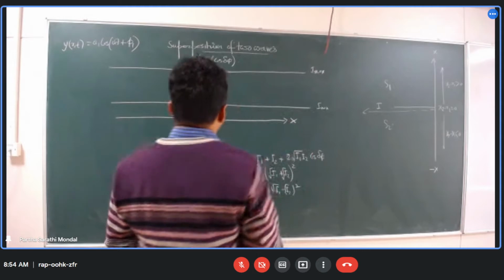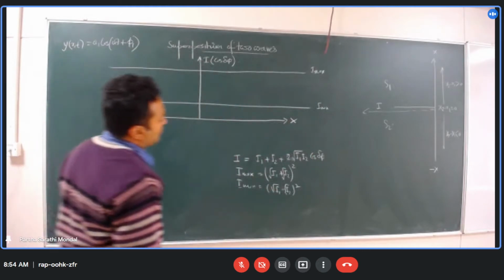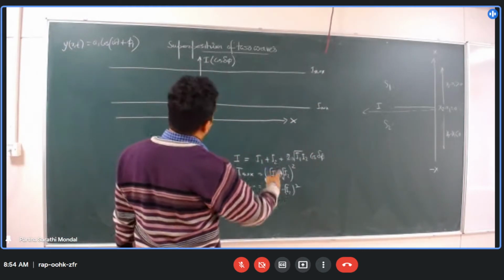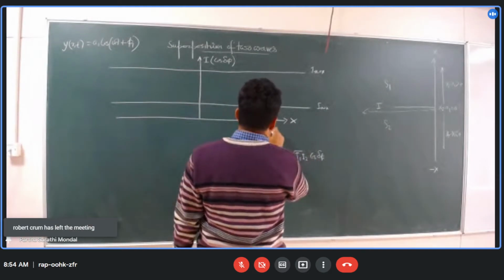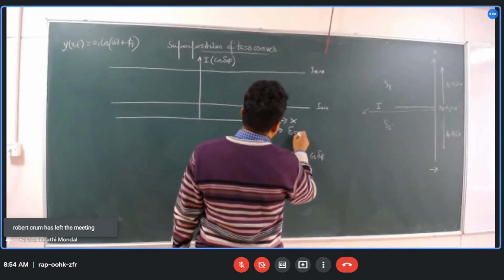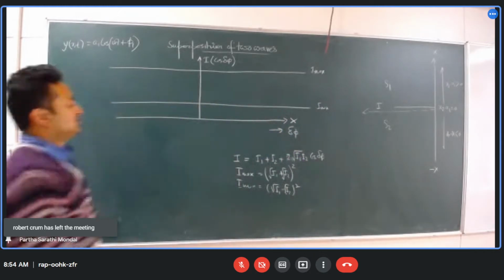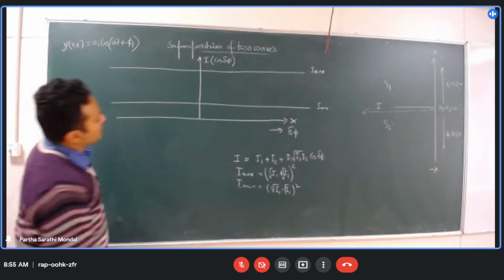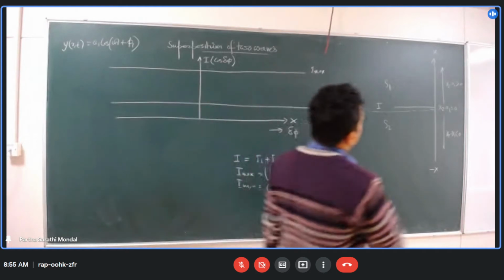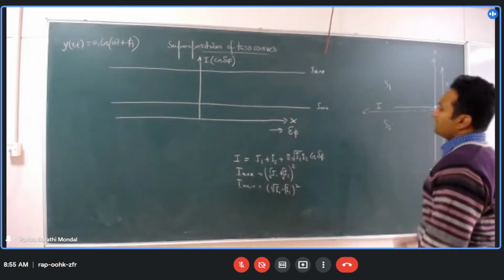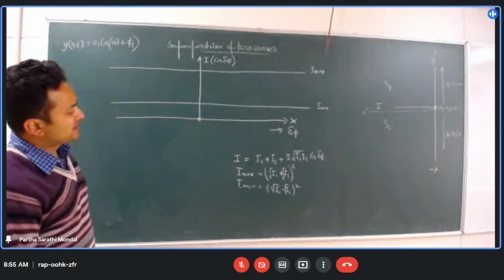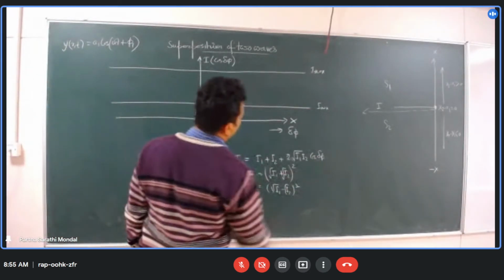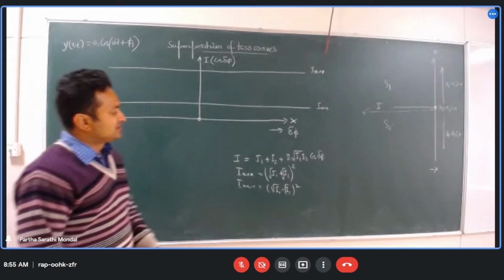So now अच्छा बताइए, if you have cos delta phi, I am plotting here delta phi. Okay, so now suppose this is the central position here, somewhere here, that means here path difference is 0. That means your delta phi will be 0. If delta phi is 0, then what you will get?